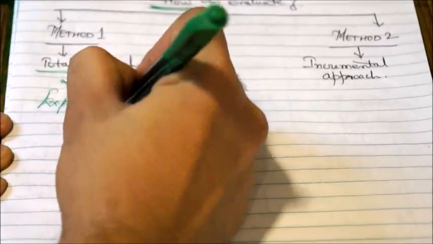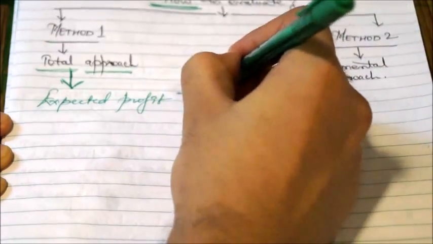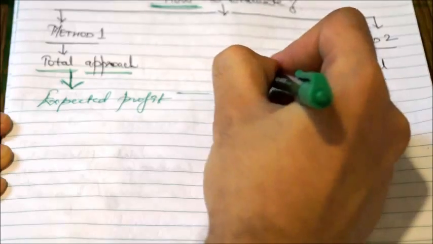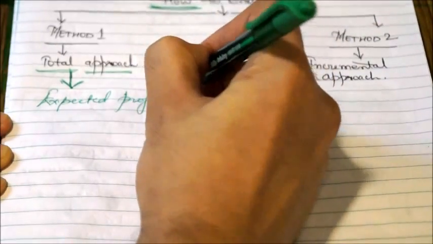Your total approach deals with finding the expected profit under each of the policy. Say you have proposed policy A, your proposed policy A and proposed policy B, and this is your present policy.